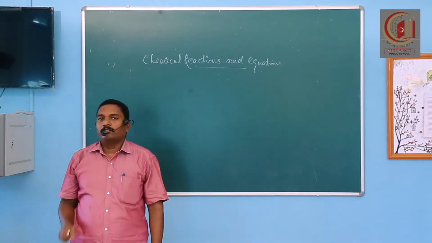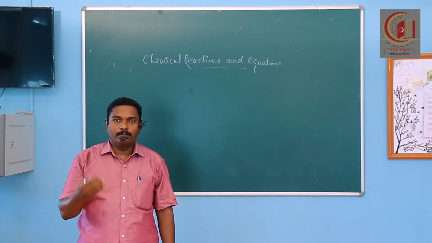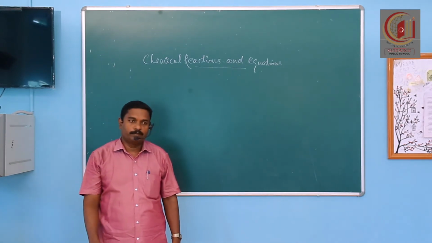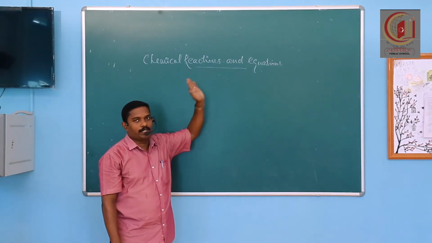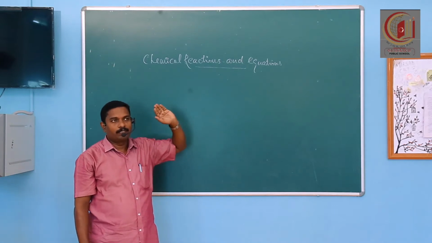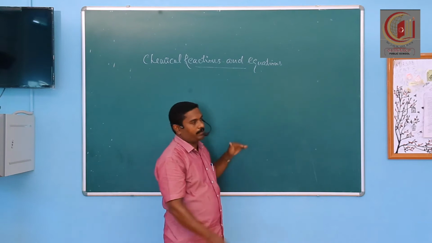Before starting our class, you have to take your textbook and the notebook we already wrote. About 20% of this chapter we already completed. Just revise the topics now and after that let us continue the chapter.